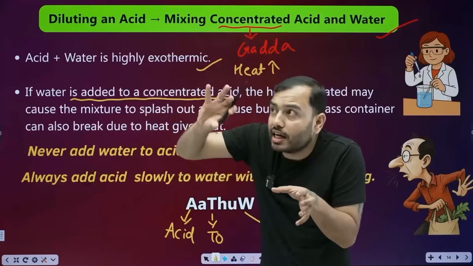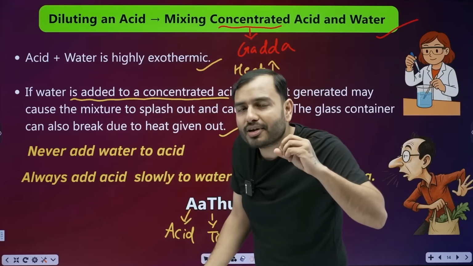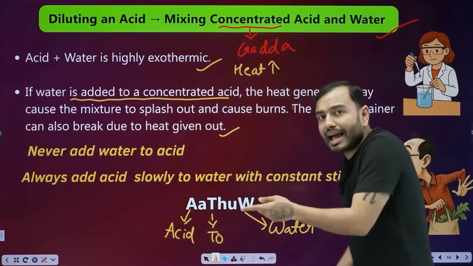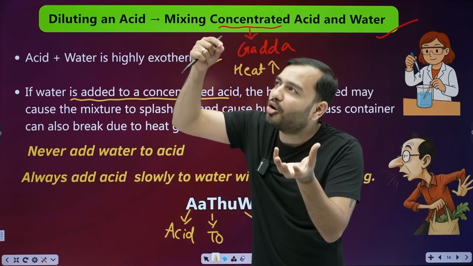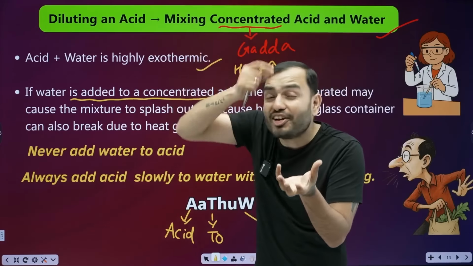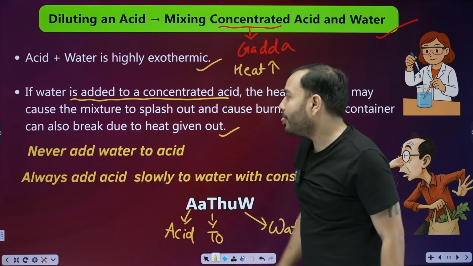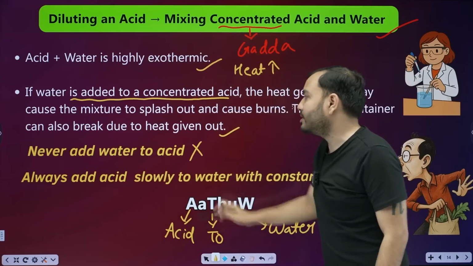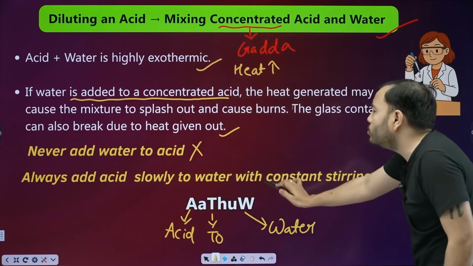So what should we do? Acid to water. We will have more water first, put the water and then add acid dropwise. Which is dangerous? Acid. So we add it slowly. That's why never add water to acid. Always add acid slowly to water.